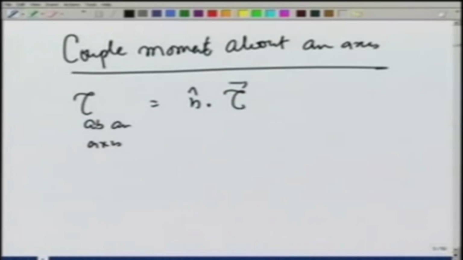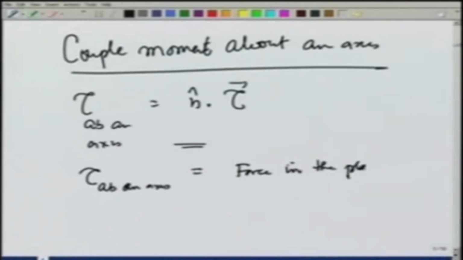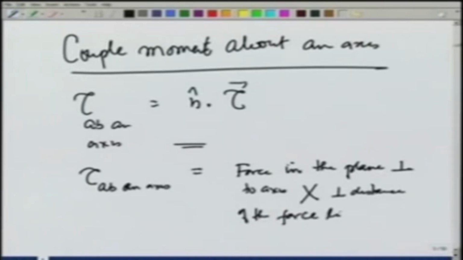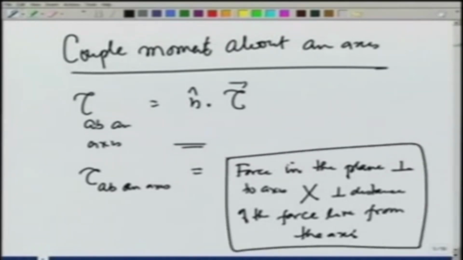Let us now see if this sits well with our definition of torque about an axis is equal to force in the plane perpendicular to the axis times the perpendicular distance of the force line from the axis. This is the definition you have learned in your 12th grade.